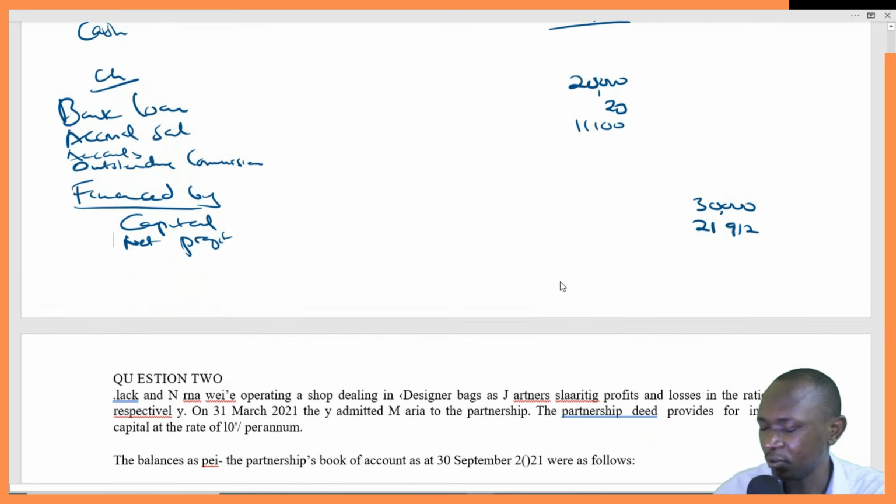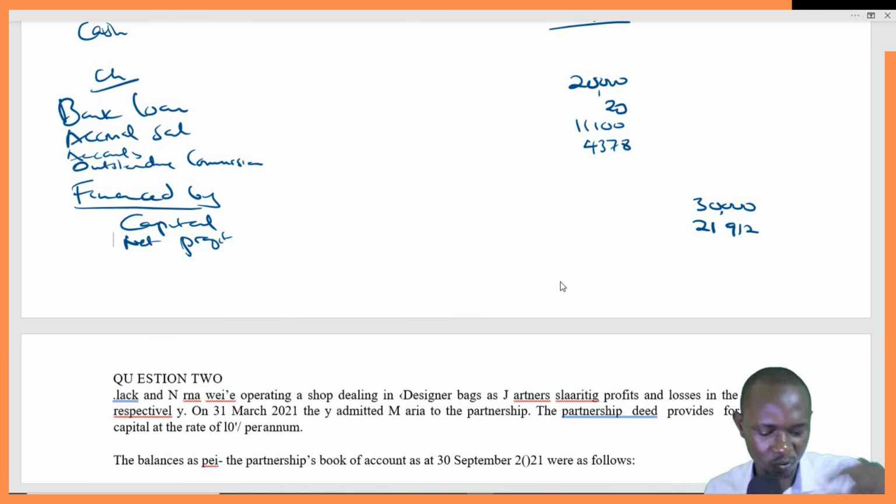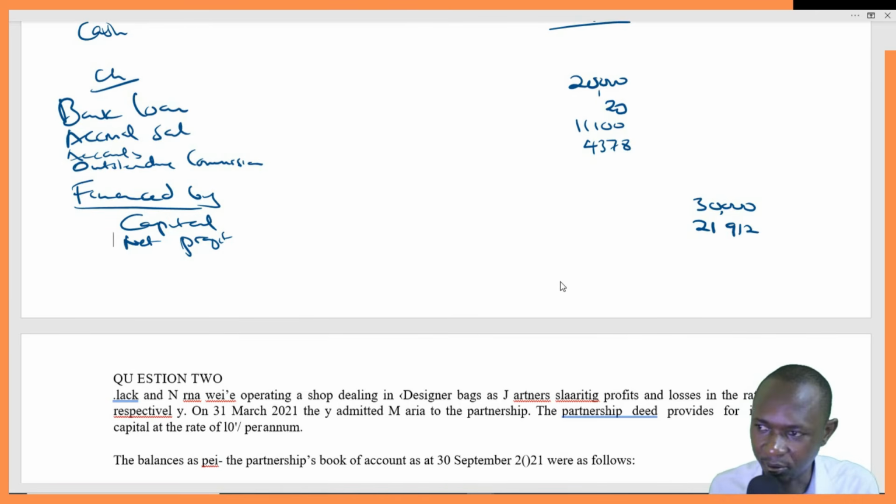Good. Quite tricky. This question was very tricky. So 20,000 plus 20 plus 111.00 plus 43.78.